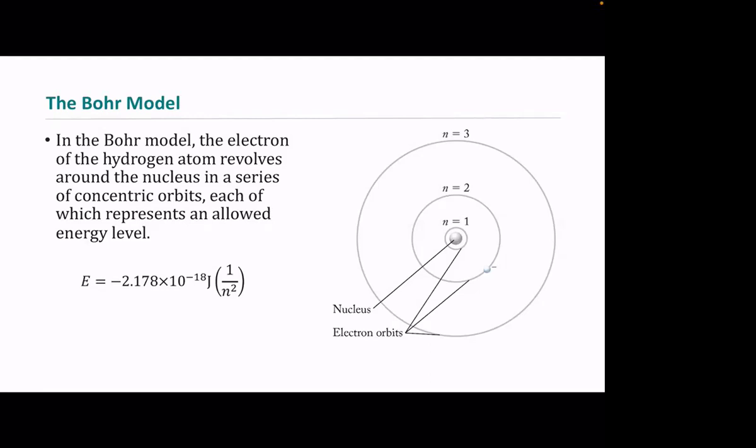So if you imagine putting in a 2 here instead of a 1, that's times a quarter instead of times 1, and put in a 3, that's the idea. It's going to get less and less negative, right? So a large negative number means low energy. And there's a good reason they did it. It has to do with ionization energies and removing an electron from an atom. That needs to be a positive energy.